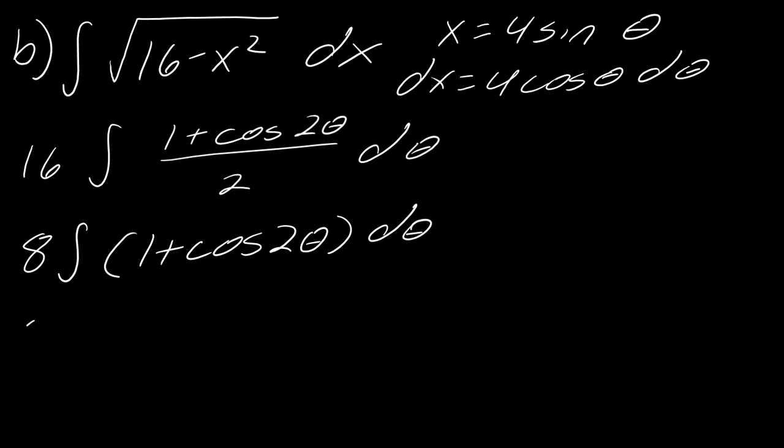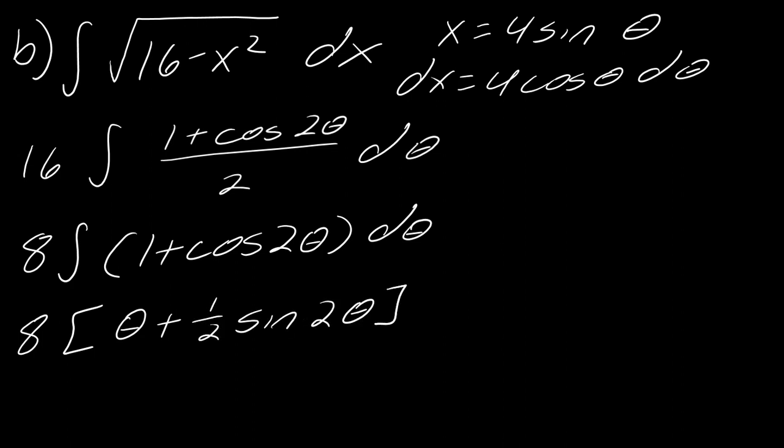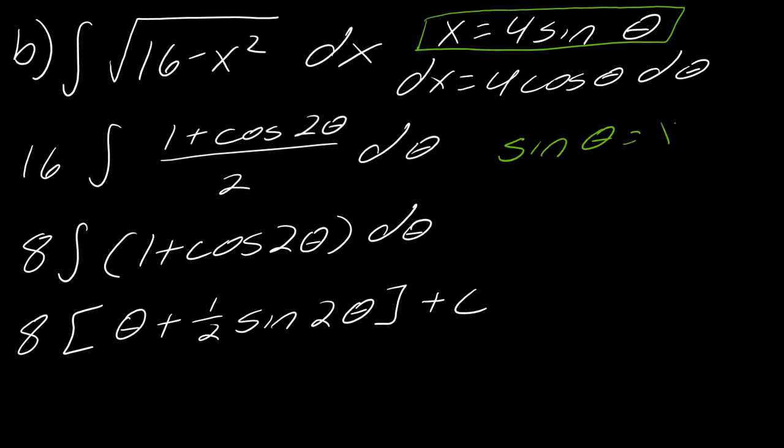So this will be 8 times theta plus 1/2 sine 2 theta plus c. Now we need to get down with our triangle. So once again, I'm going to use my original substitution, and I want to view this as sine theta equals x over 4.